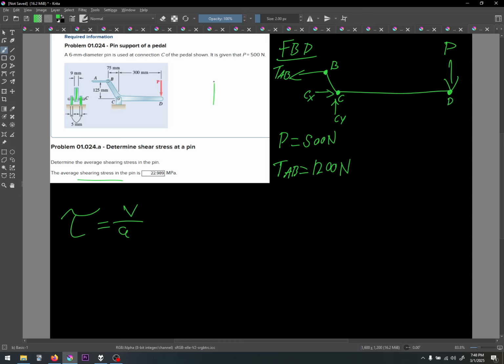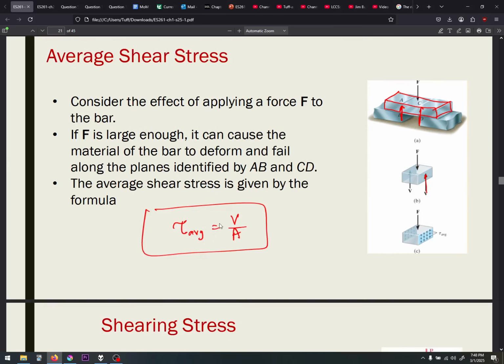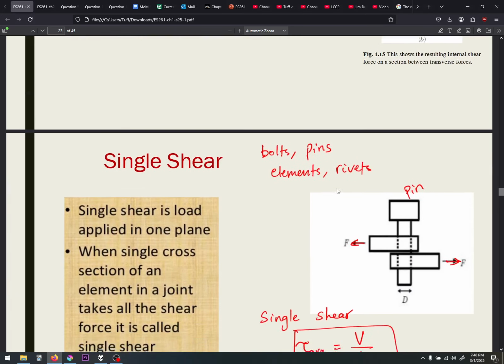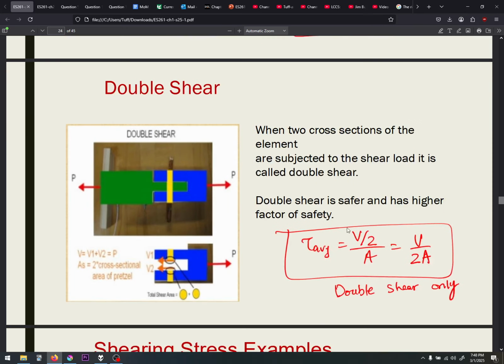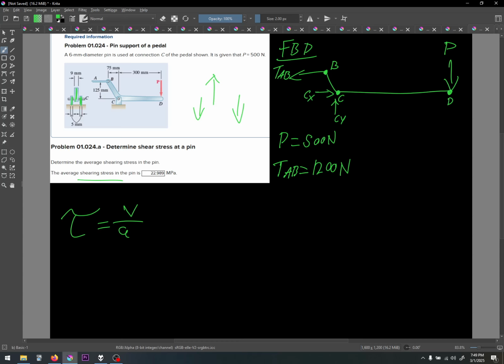So we have one thing fighting against two things. This would be double shear. So what's double shear? Single shear is V over A, double shear is V over 2A, where A should be uppercase. And what's the V? V is the internal force.